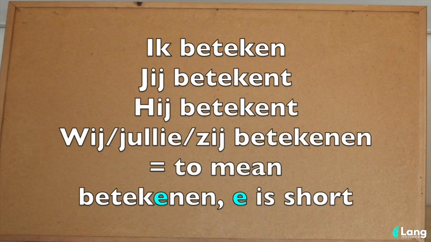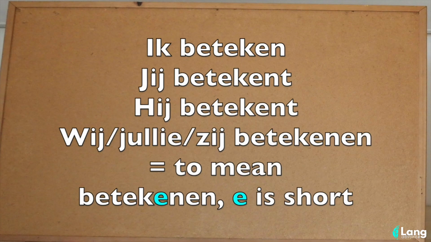Betekenen, that's ik beteken, jij betekent, hij betekent, wij, jullie, zij betekenen. You might have been tempted to double the E there, but it has to be a long vowel that is doubled. And in betekenen, the E just before the EN is not a long vowel. Otherwise it would be betekenen.